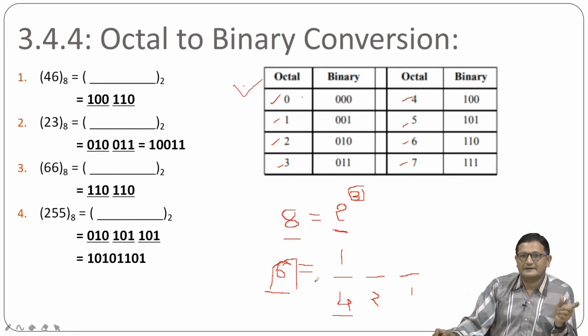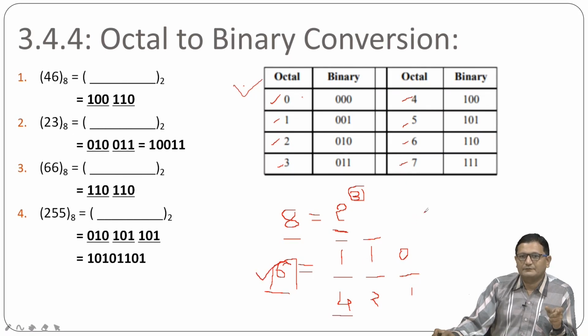So 2 remains. Shall we take this 2? Yes. If I am taking this 2, then 2 minus 2, the number becomes 0, right? If the number becomes 0, we don't want this 1. Okay, so I am writing 0 here. So see here, 4 plus 2, right? So that is 6, and we got this.